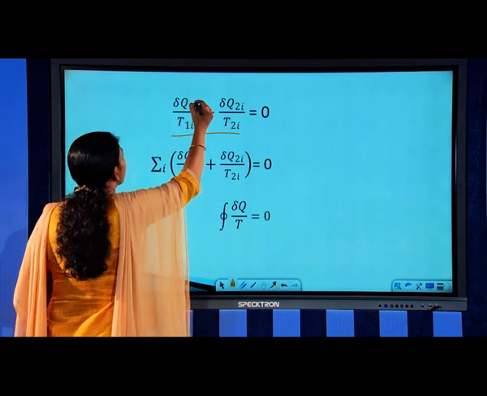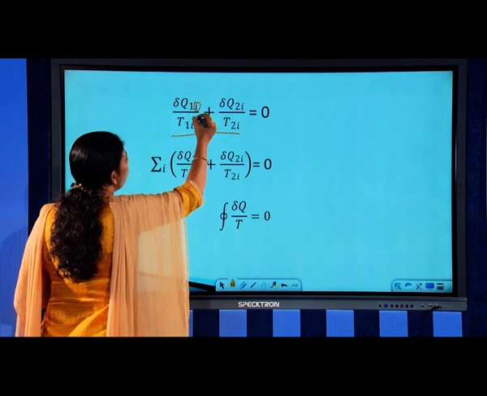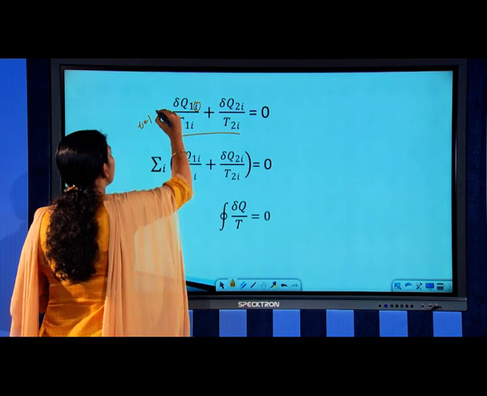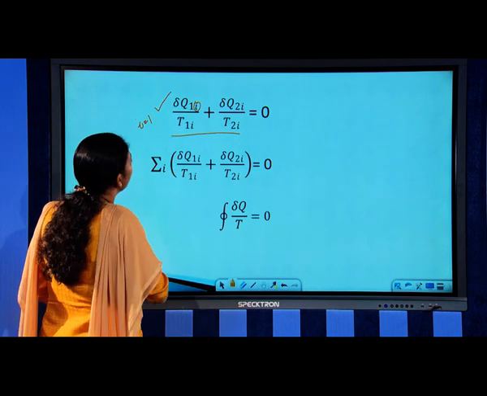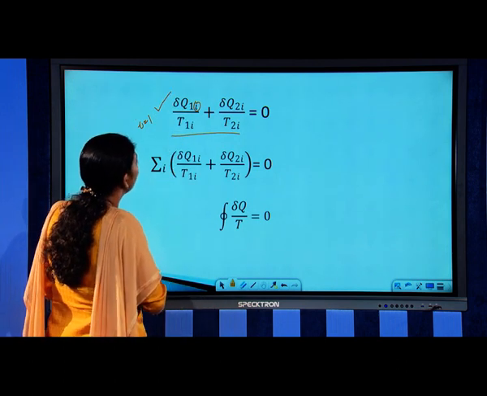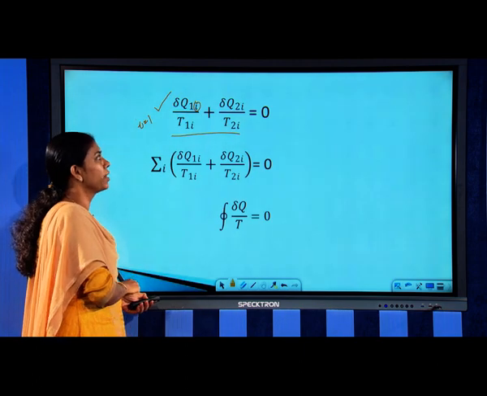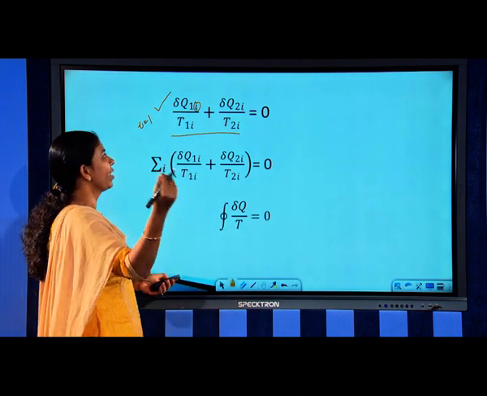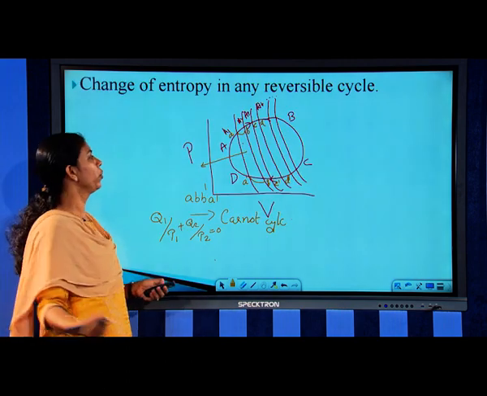Here i is 1 for the first cycle: delta Q1 1 by T1 1 plus delta Q2 1 by T2 1, then 1 2. i can take values from 1 up to n.